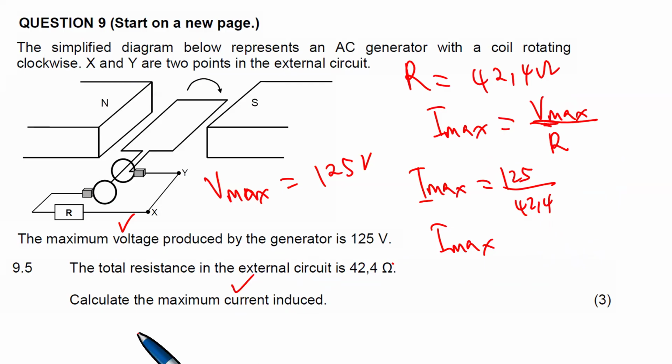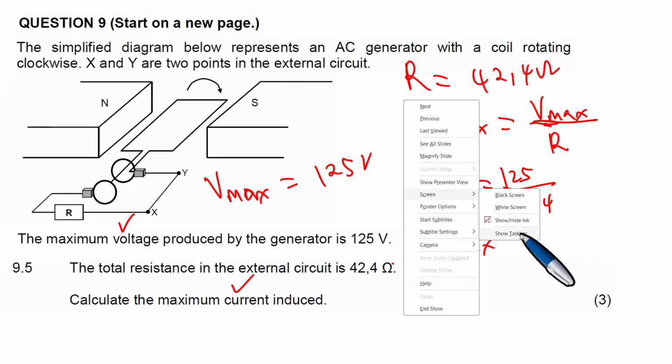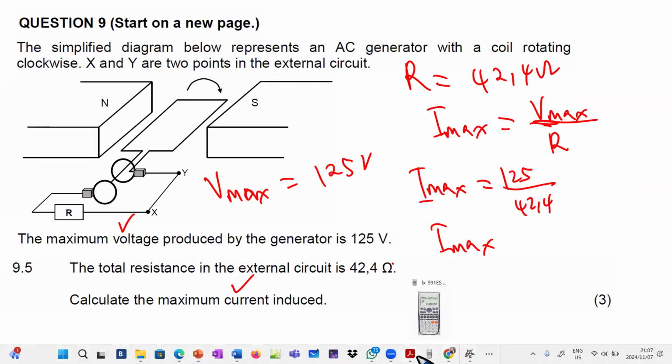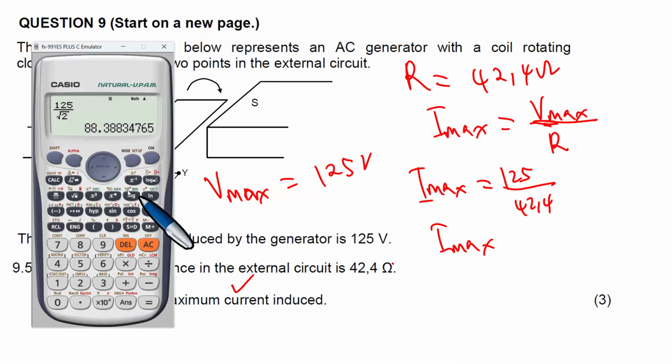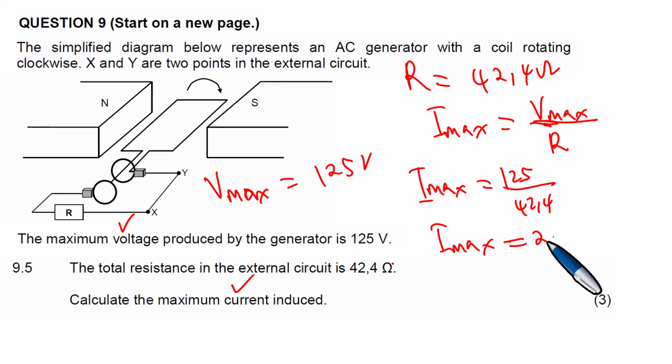Calculate the maximum current induced, which is 125 divided by 42.4, which is 2.95 amperes.